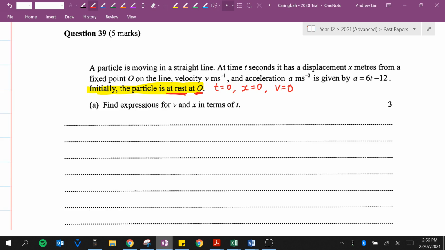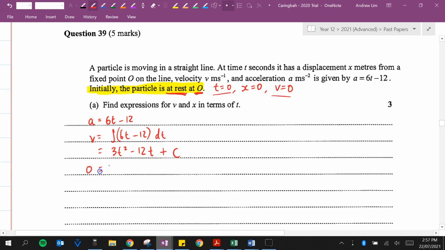So if acceleration is equal to 6t minus 12, then the velocity has to equal the integral of that. So we're going to integrate this. When we integrate this, we will get 3t squared minus 12t plus c. Now, when t is 0, v is 0.